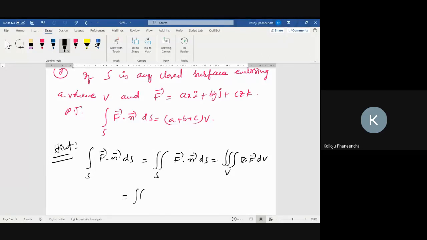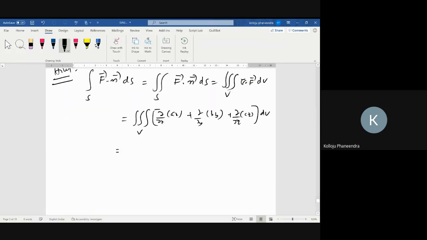Del dot f bar means dou by dou x of the i component, dou by dou y of the j component, dou by dou z of the k component, dV. Finished. This is a triple integral over V of (a plus b plus c) dV, which is exactly (a plus b plus c) times the triple integral of dV, nothing but V, the volume.